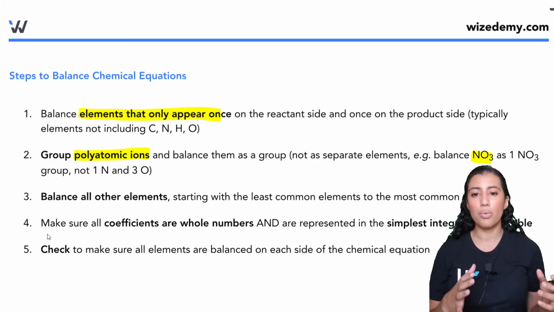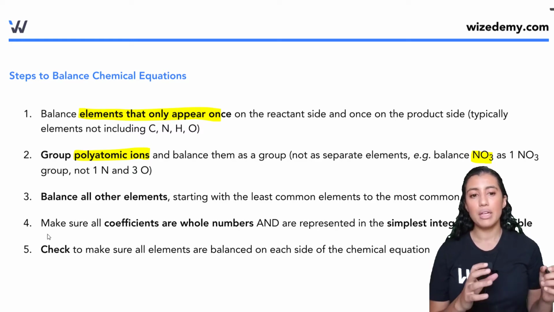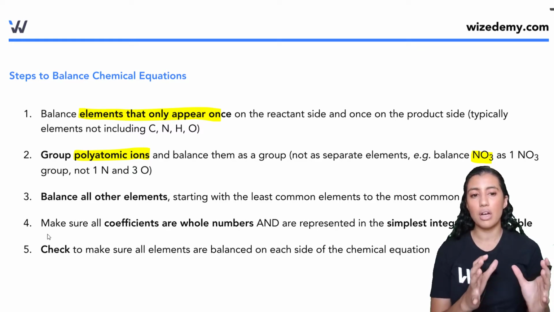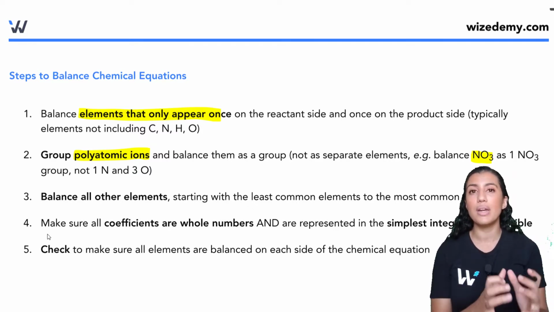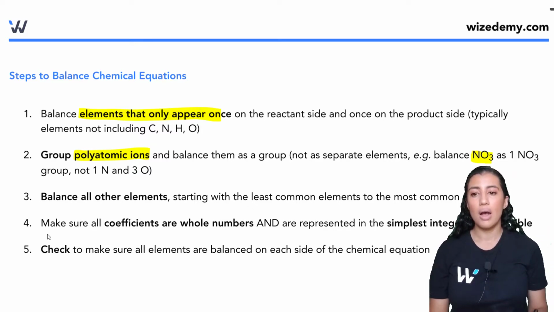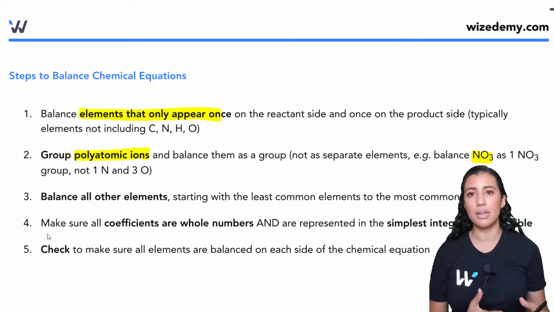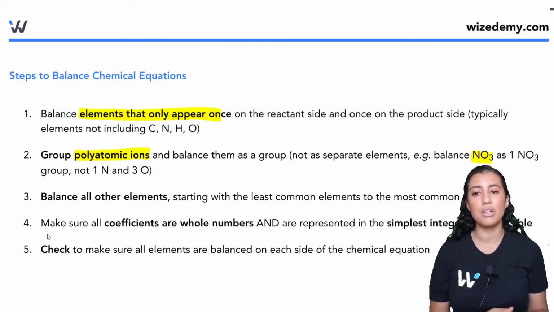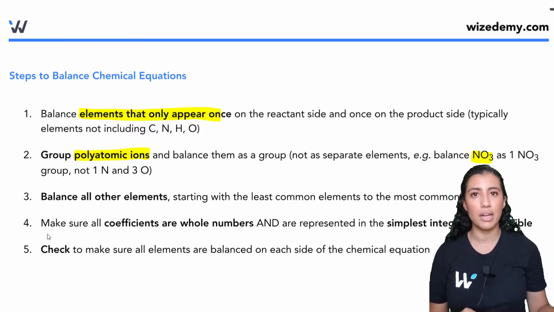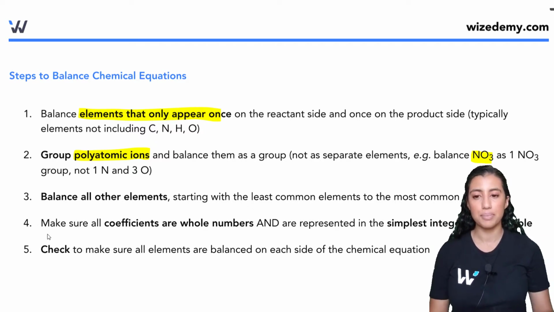So when you see certain polyatomic ions, and I'll show you a table with those, make sure you're treating the polyatomic ion as one thing, as one nitrate ion rather than 1 nitrogen and 3 oxygens. It's going to be a lot more complicated to balance otherwise. It's much easier if you focus on identifying any polyatomic ions you see and balancing them by looking at, okay, there's 1 nitrate on the left side and 1 nitrate on the right side, so it's perfect. And we'll see an example of that.